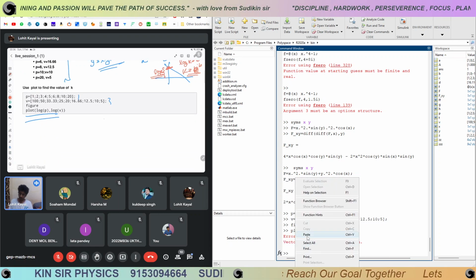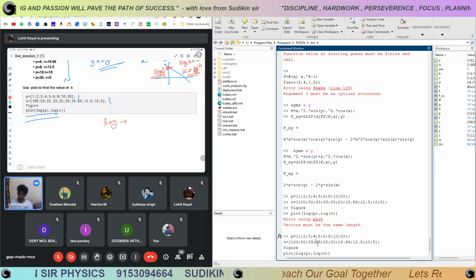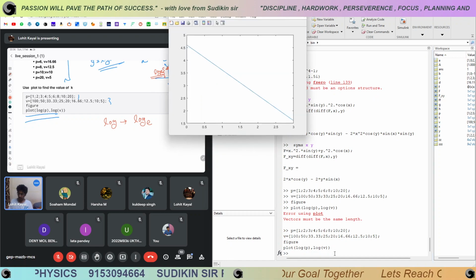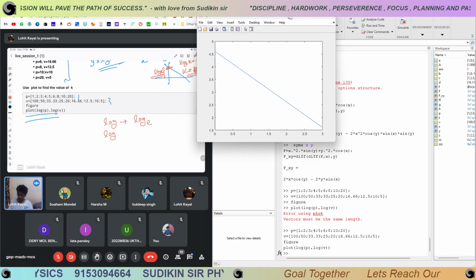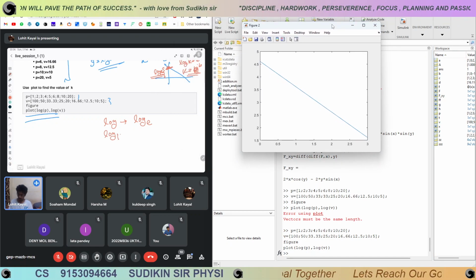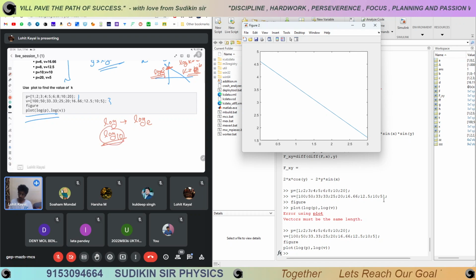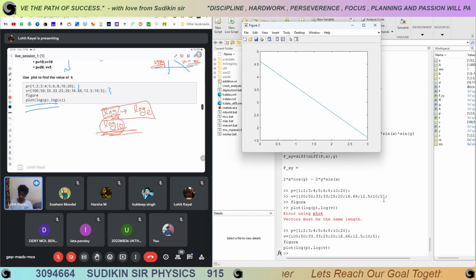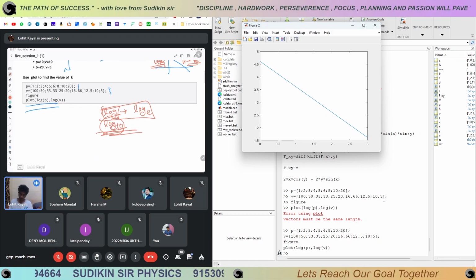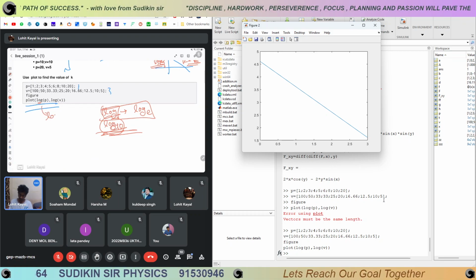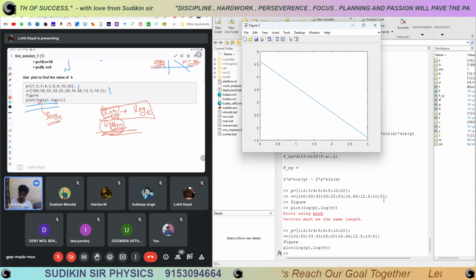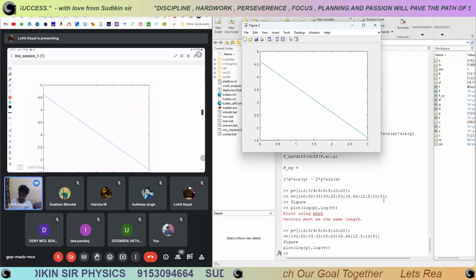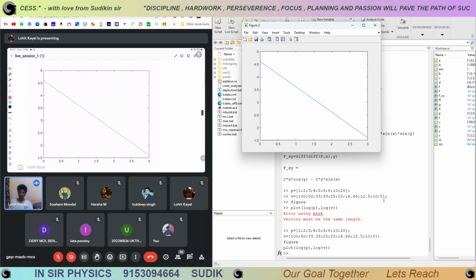Now remember, when you write log in MATLAB, it automatically means log base e. If you want base 10, you write log10. But we will mostly work with log base e. Now I have used plot of log p, log v, and I am getting a straight line as expected.